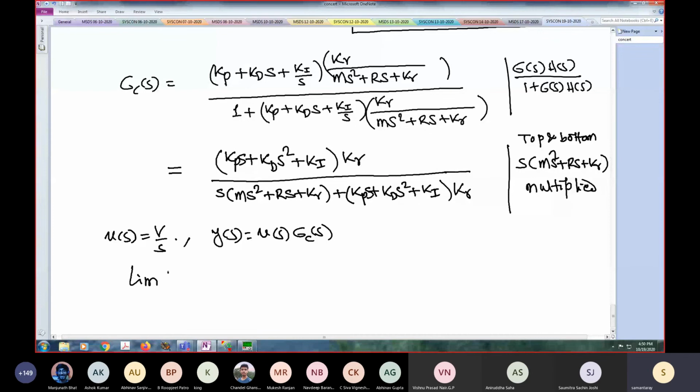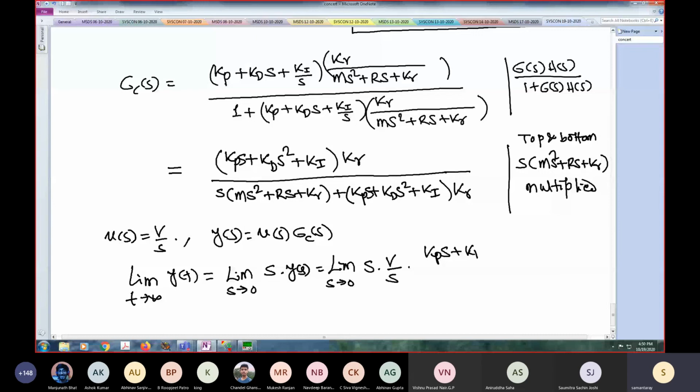Now limit y(t) as t tends to infinity is equal to limit s tending to 0 of S into Ys, which is S into V by S and Gs, Kp S plus Kd S square plus Ki into Kr, by S into something plus Kp S plus Kd S square plus Ki into Kr.